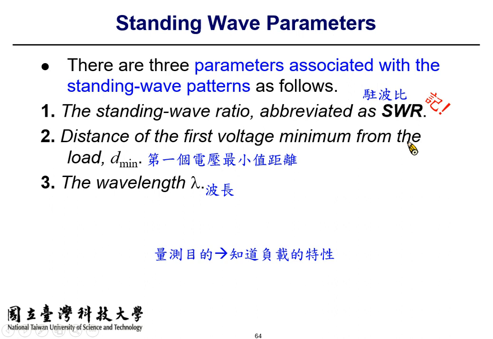So the standing wave ratio varies between 1 and infinity. 1 is the best case you can have, and infinity is the worst case, which means you have a complete standing wave and no energy is delivered to the load.